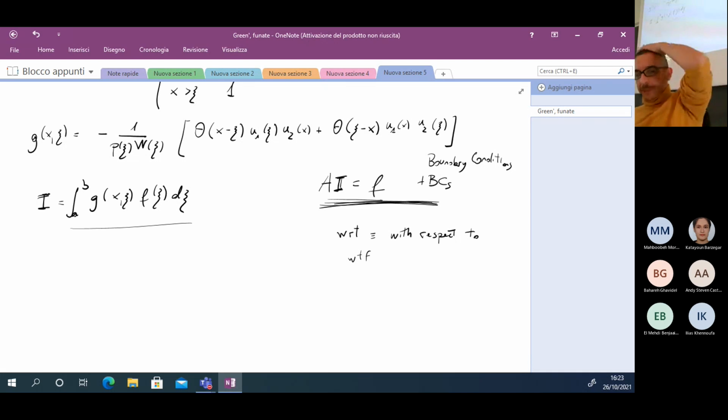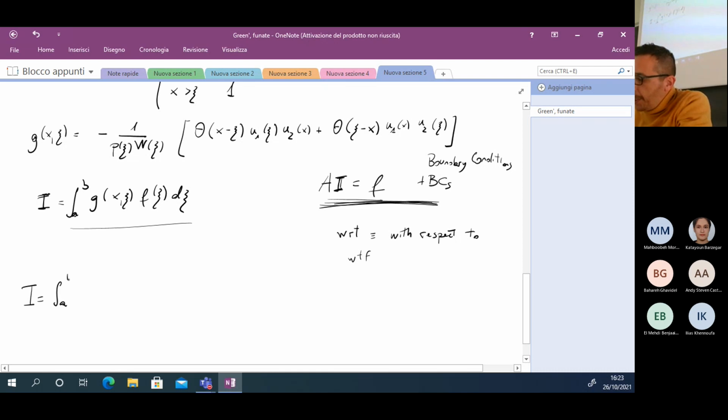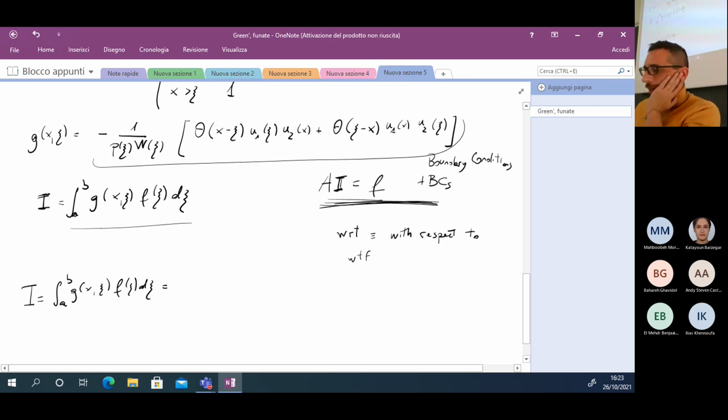Okay, let's write the integral I. It's the integral between a and b of g(x,c) f(c) dc. Let me use the expression that I have for the Green's function.